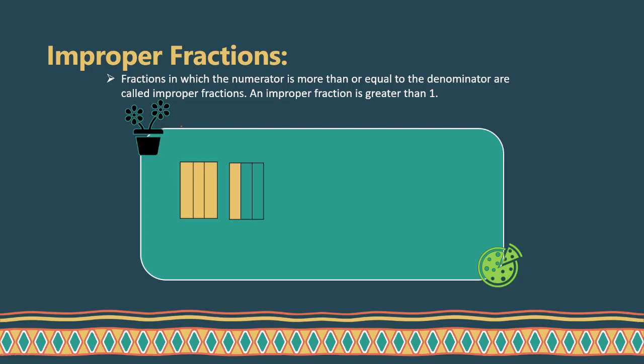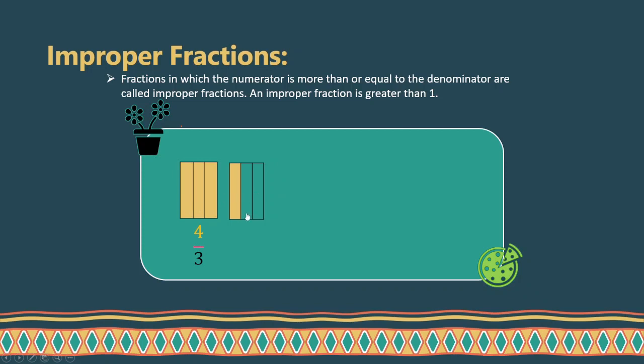Then this figure is written in the fraction form. This becomes 4 by 3. 3 indicates each whole thing is divided into 3 equal parts and 4 indicates 4 parts are colored.